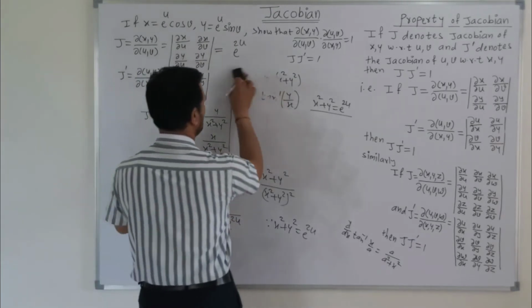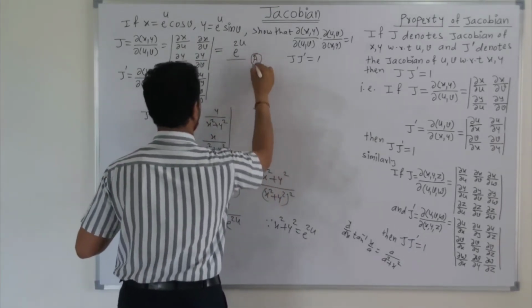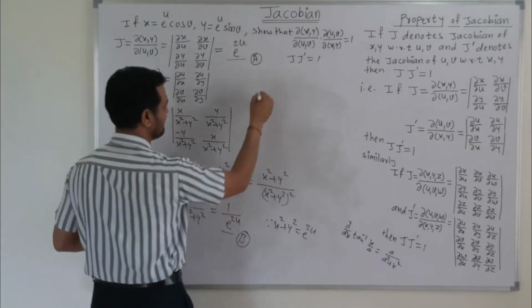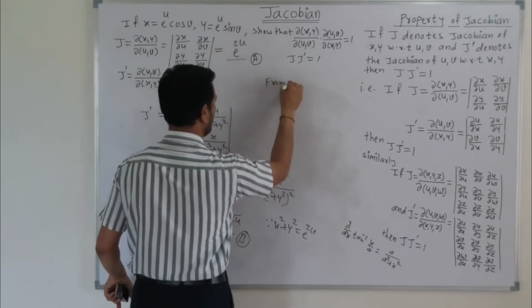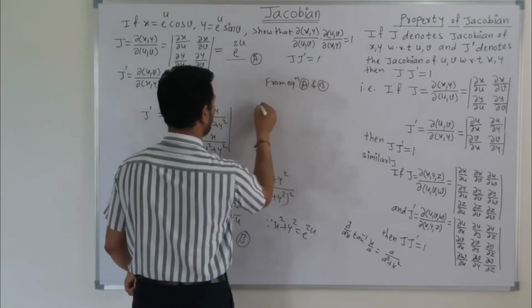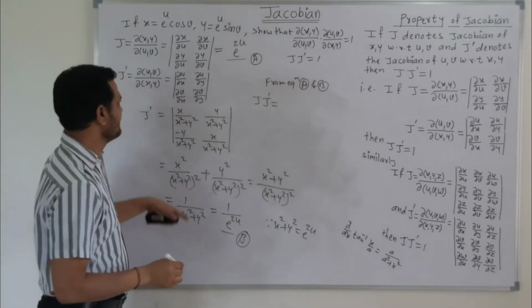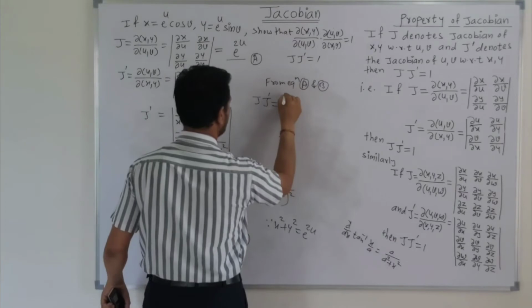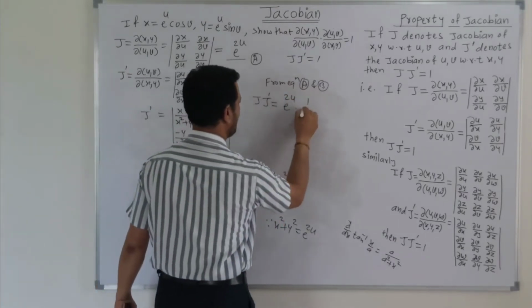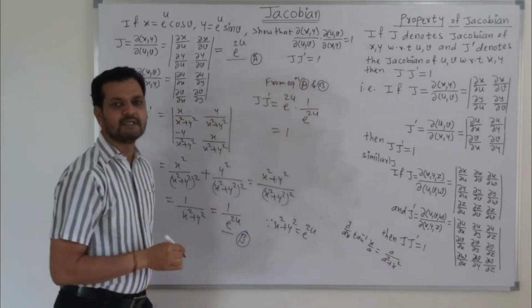Let's call this equation A and this equation B. From equations A and B, we get j into z dash is equal to e raised to 2u into 1 upon e raised to 2u. So their product is 1.